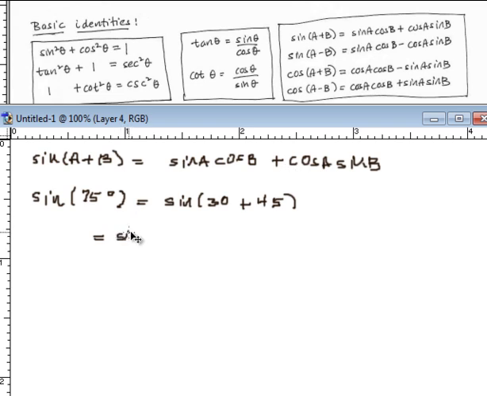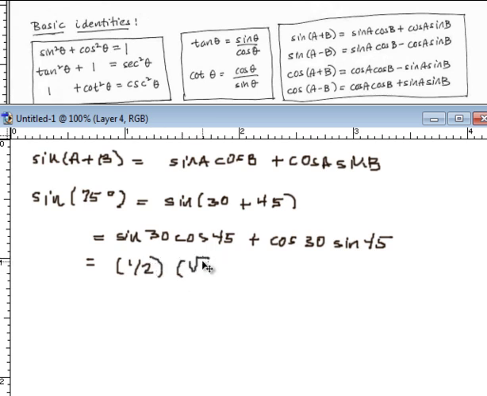So we have sine 30 cos 45 plus cos 30 sine 45. And these values you know from the triangle. So that would be 1/2 times root 2 over 2, or 1 over root 2. Cosine 30, that's root 3 over 2. And this is root 2 over 2.